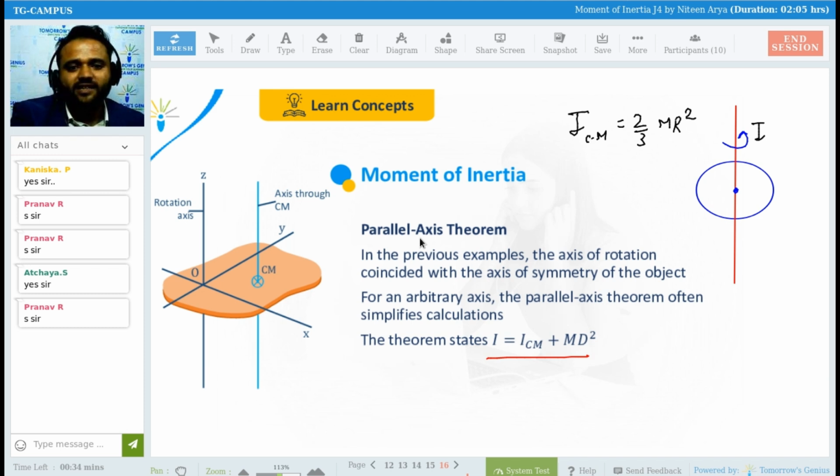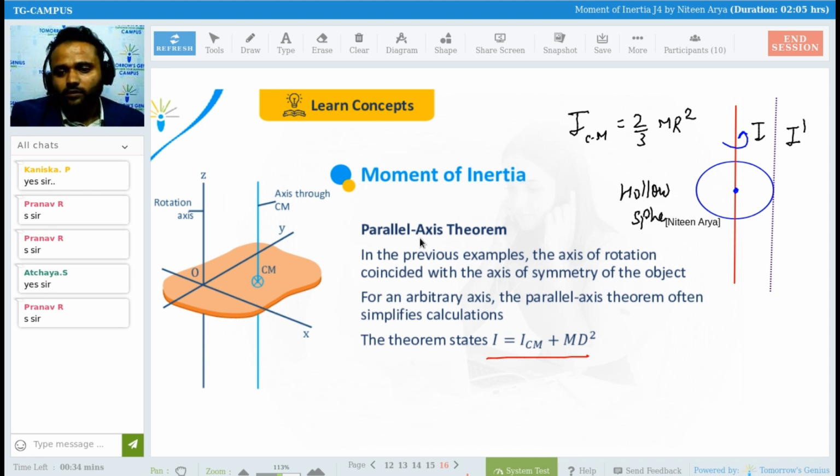But if I change the axis, I can put this. Now it's my choice. I want to rotate this whole thing about this I prime, right? This hollow sphere is now rotating about this I prime.